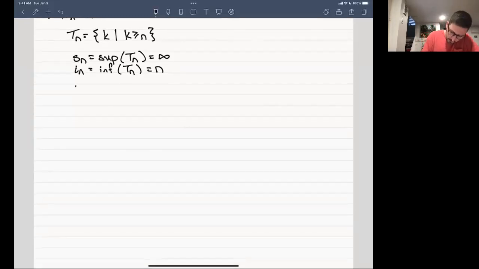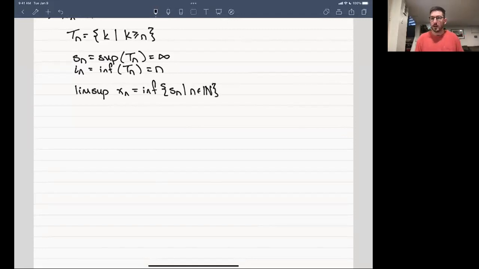Okay, so then let's compute the lim sup of x_n. Well, this thing becomes the infimum of our S_n's. But this is just the infimum of infinity. Again, it's a constant sequence, just like the last case. And this just becomes infinity.